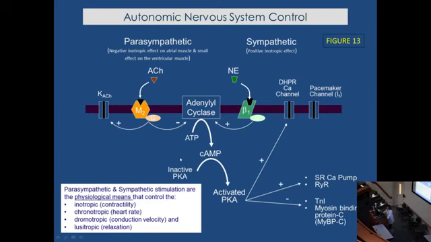I just want to mention that parasympathetic and sympathetic stimulation are the physiological means that control not only the inotropic properties of the heart, but also the chronotropic, dromotropic, and lusotropic properties. Okay?